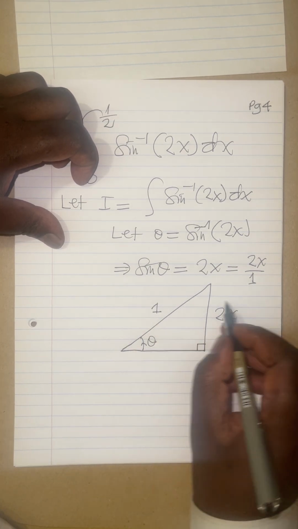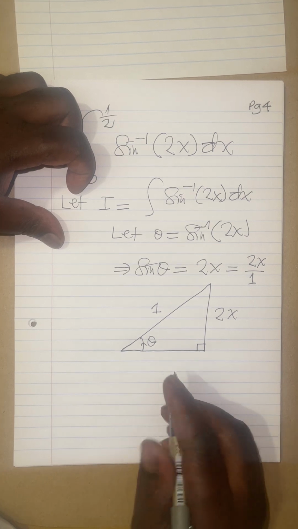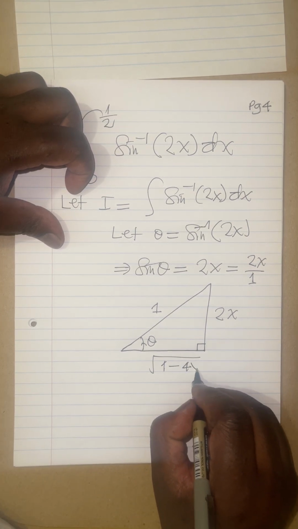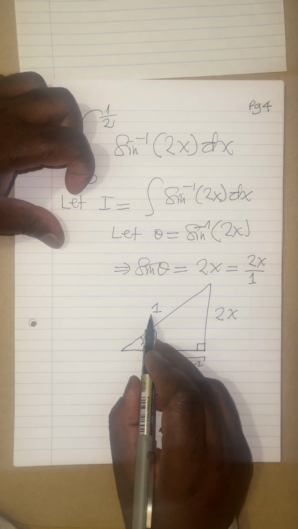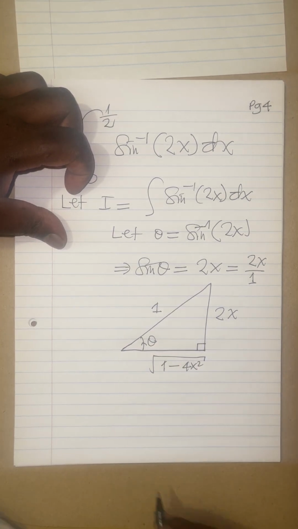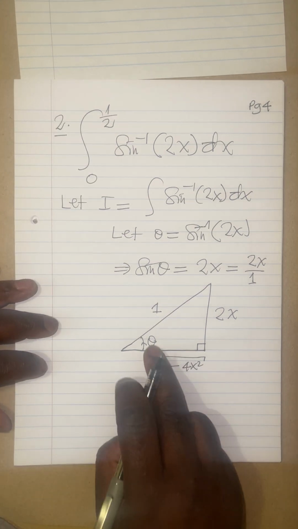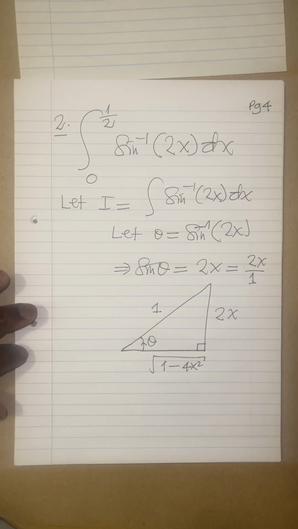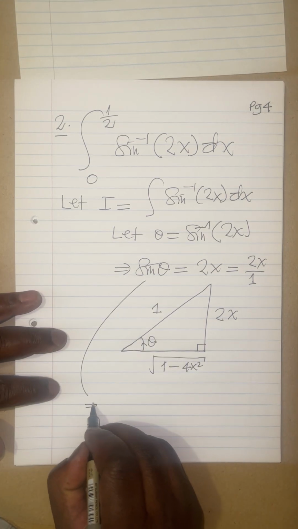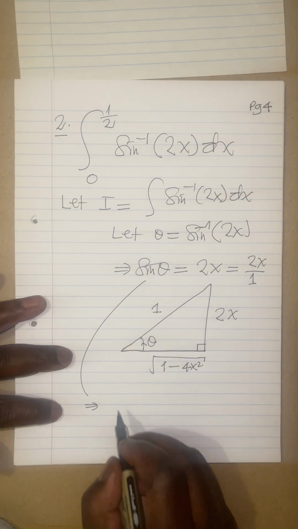And therefore, by Pythagoras theorem, the adjacent side is obtained by squaring 1 minus the square of 2x and taking the square root. So it's the square root of 1 minus 4x squared. Now, let's continue with this one here. We differentiate both sides. Derivative of sine is actually cosine.